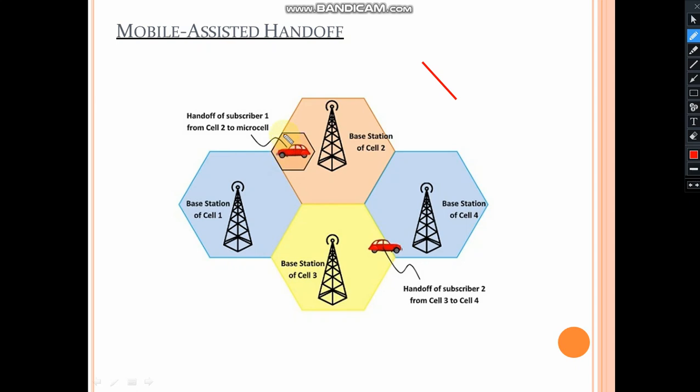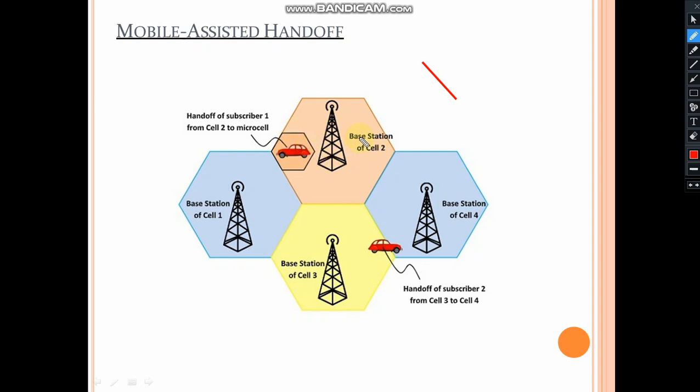So the service provider has to make one particular micro cell, only to cover the basement area of the multi-storey building. This is the cell splitting concept.